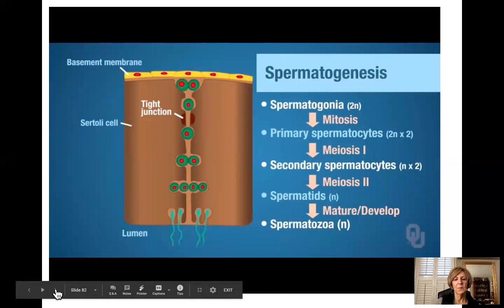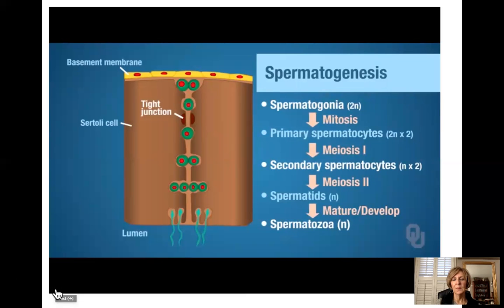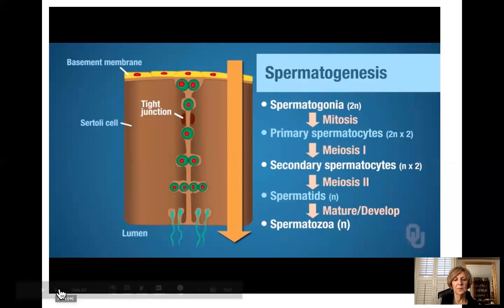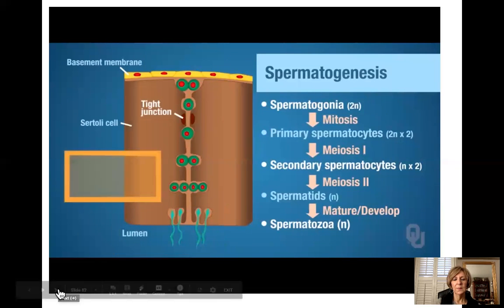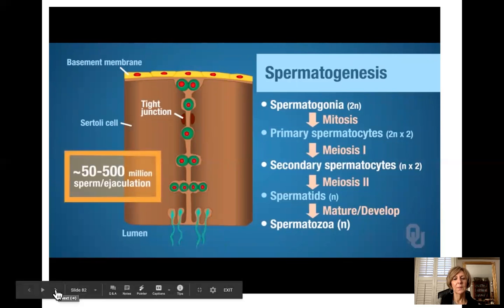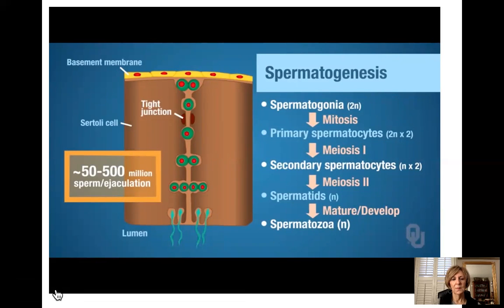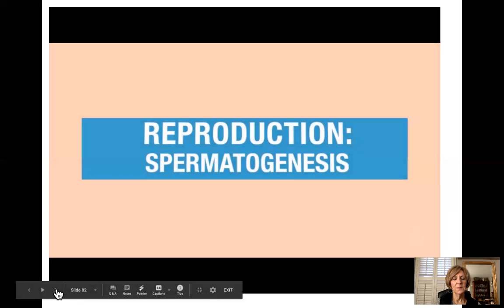All of this process was occurring as the cells were migrating from the basal compartment toward the luminal compartment. Once this process is over, the sperm are actually in the lumen of the seminiferous tubule. I put a little note here that approximately 50 to 500 million sperm are ejaculated per ejaculation.